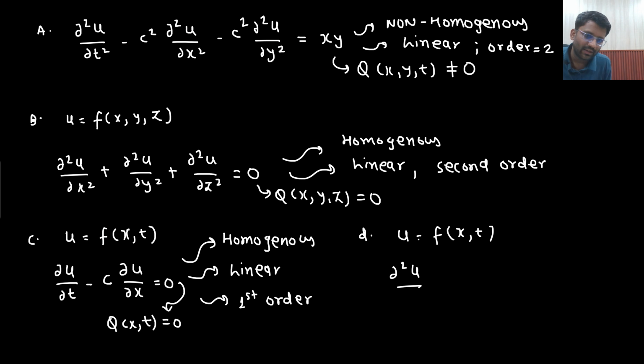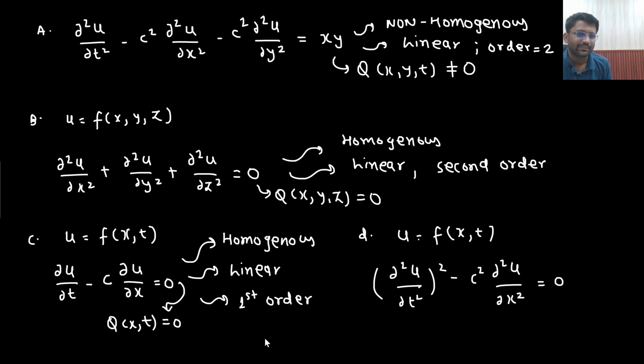So del square u by del t square, whole square, minus c square del square u by del x square equals to 0. This is the scenario, right? Q of x, comma y is coming out to be 0, homogeneous.